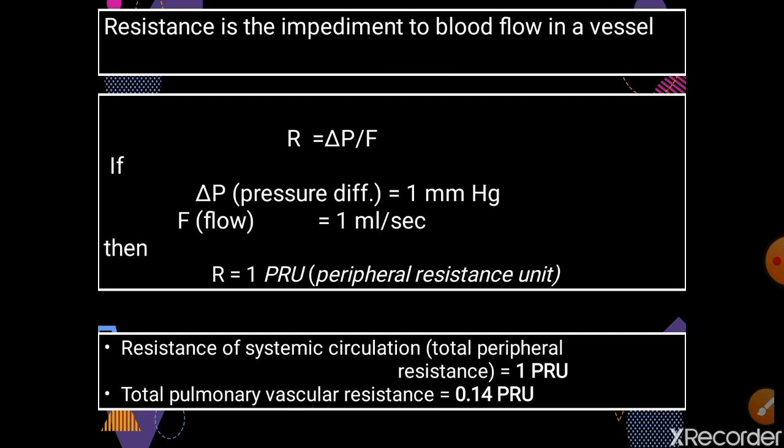Here you can see the stark difference of resistance in the systemic circulatory system and the pulmonary circulatory system. The resistance in the peripheral circulation is many times greater than the resistance in the pulmonary circulation.